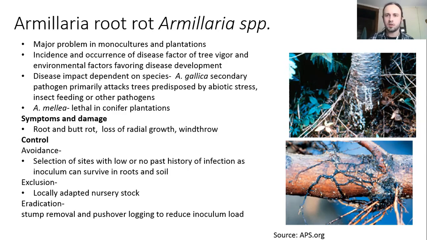So cultural control practices are mainly based on avoidance. So you want to select sites that have low or no past history of disease incidents, as the inoculum can survive in soil for years.